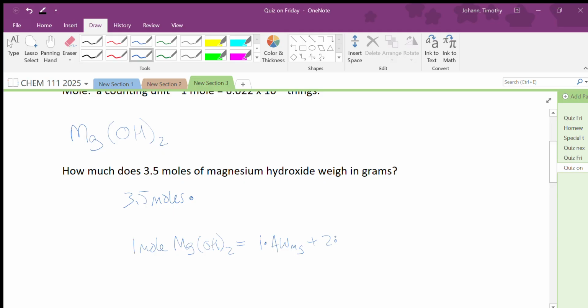So 2 times the atomic weight of oxygen, plus 2 times the atomic weight of hydrogen.